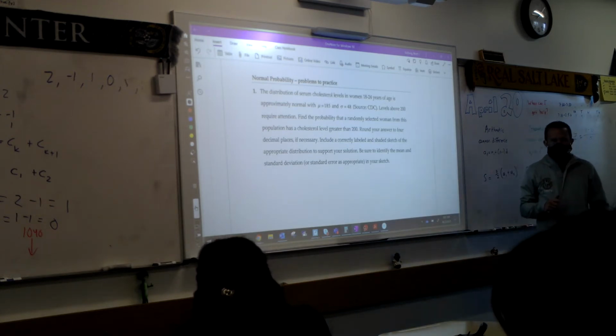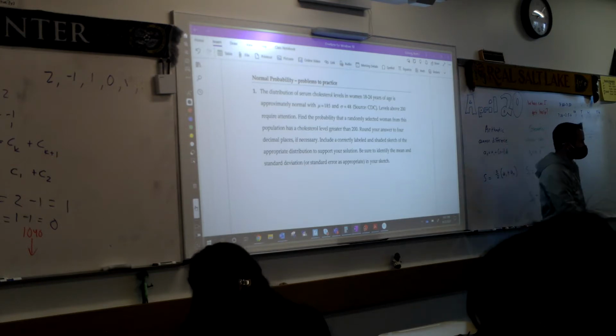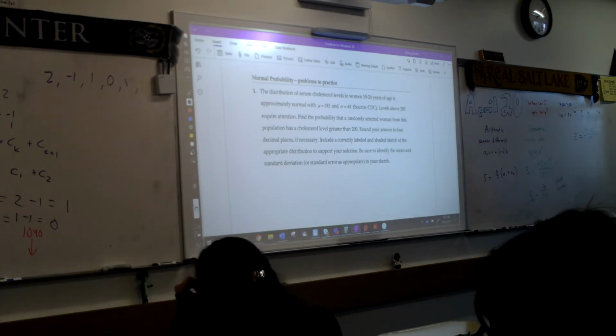I'm going to ask for a good reader to read this. Shayla, yes, you got it? Awesome, go ahead. The distribution of serum cholesterol levels in women 18 to 24 years of age is approximately normal with a mean of 185 and a standard deviation of 48. Levels above 200 require attention.